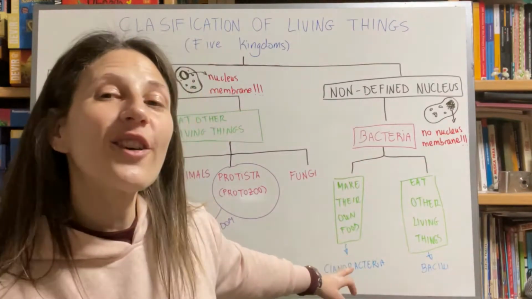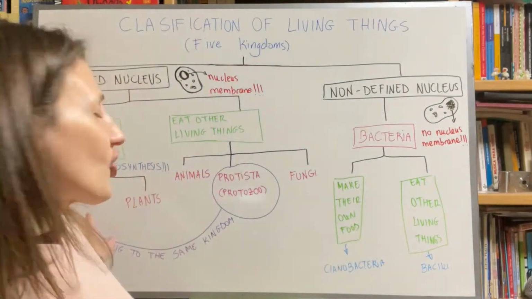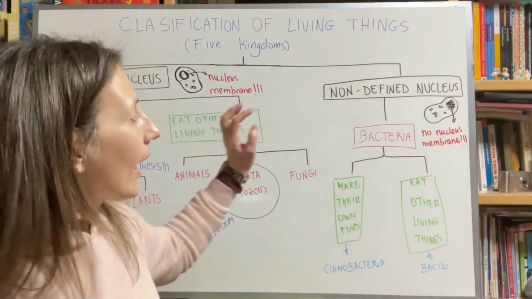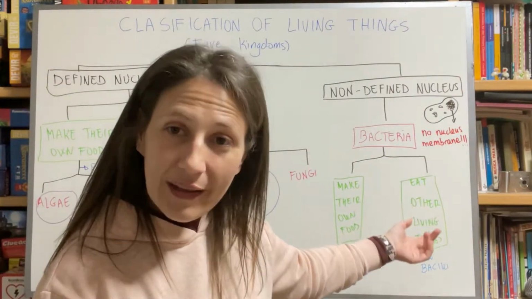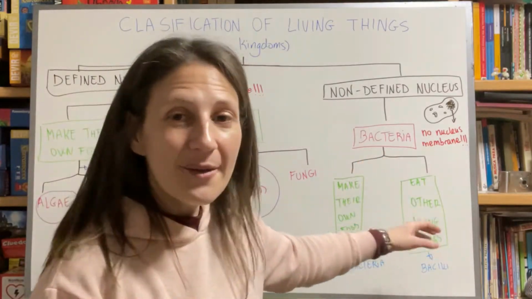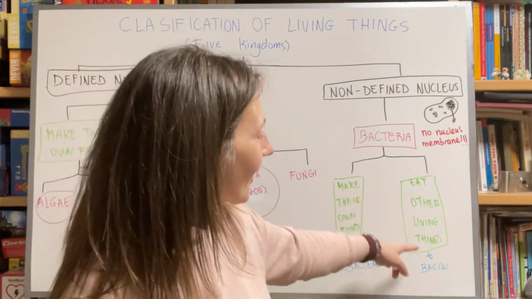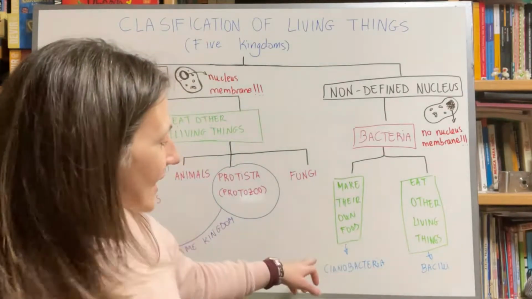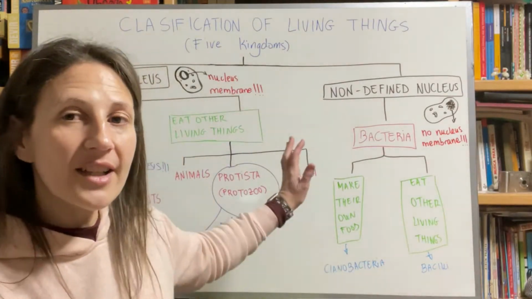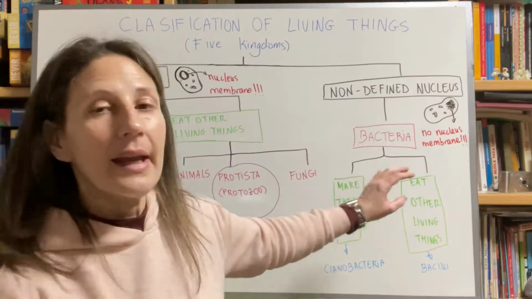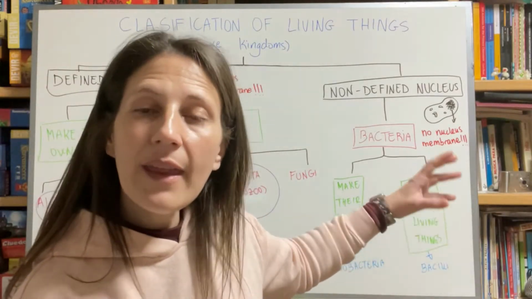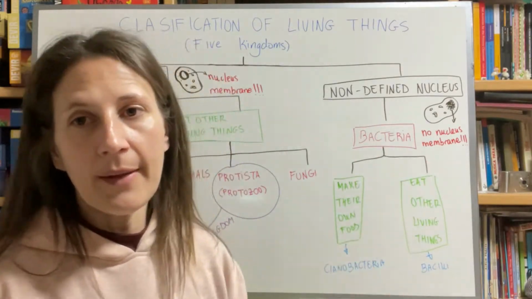The ones that make their own food, like algae and like plants, and the ones that need to eat other living things. For example, the ones that eat protozoos, that are the bacilli. So the cyanobacteria, for example, are bacteria that can make their own food, and the bacilli are the bacteria that need to eat other living things.